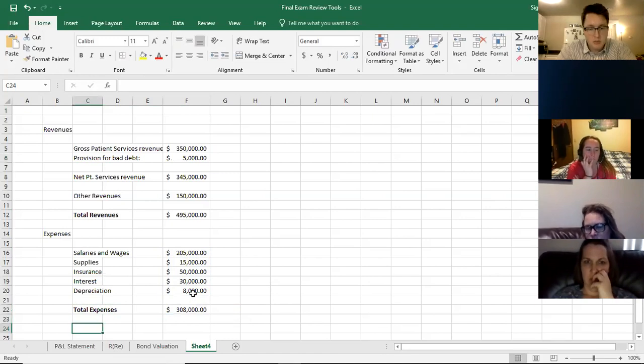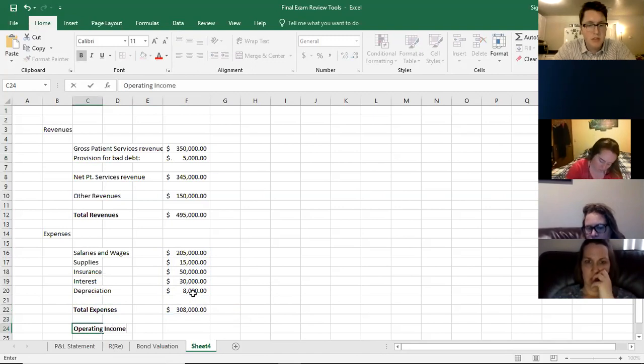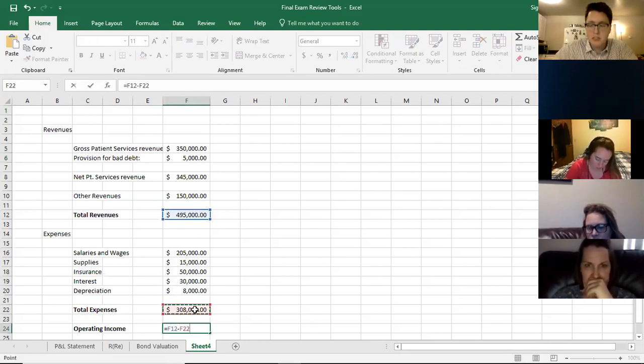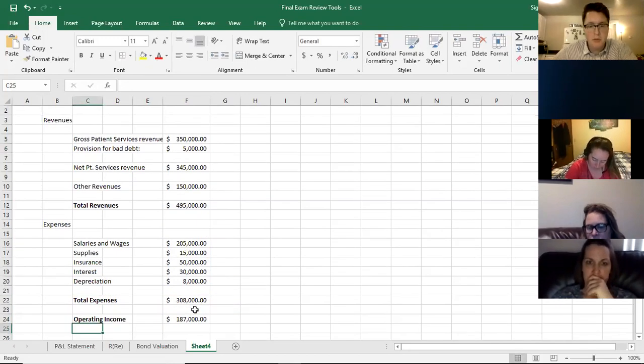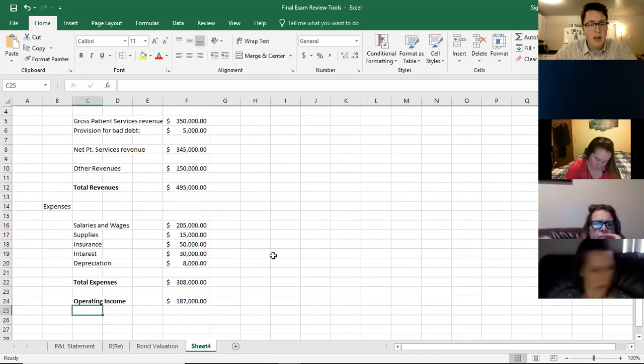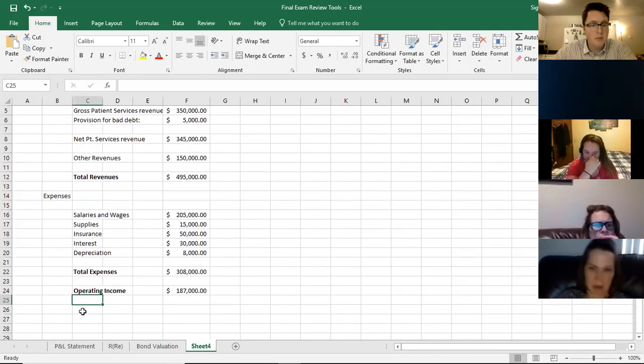So there is where we're going to have our operating income. Okay? Which is going to be our total revenues minus our total expenses. And there's our operating income. Next, we're going to add non-operating income.